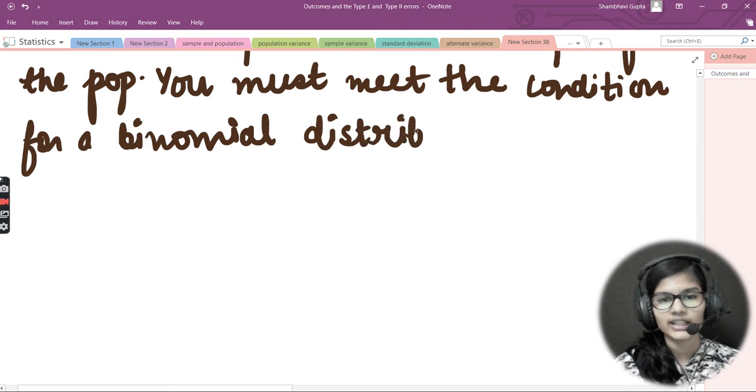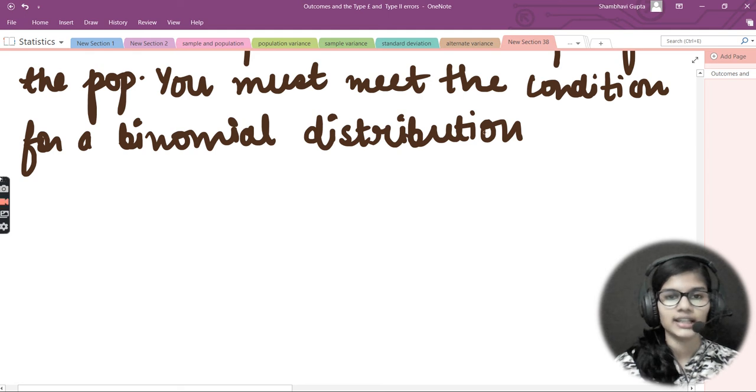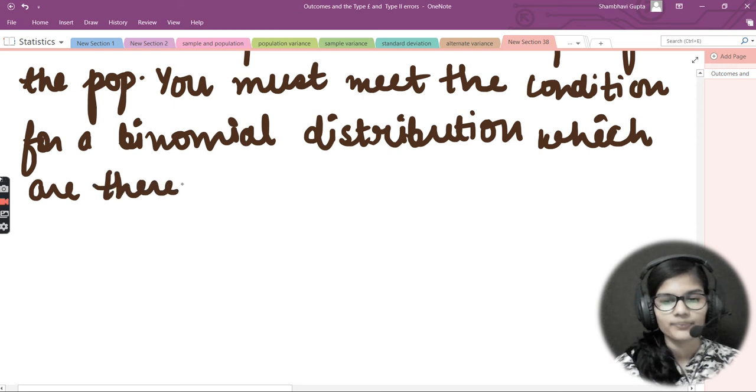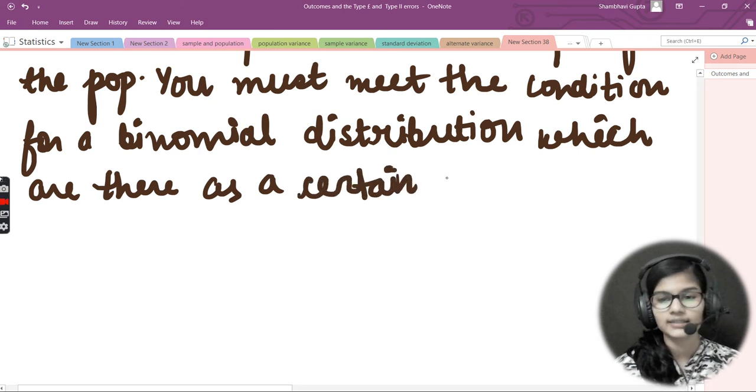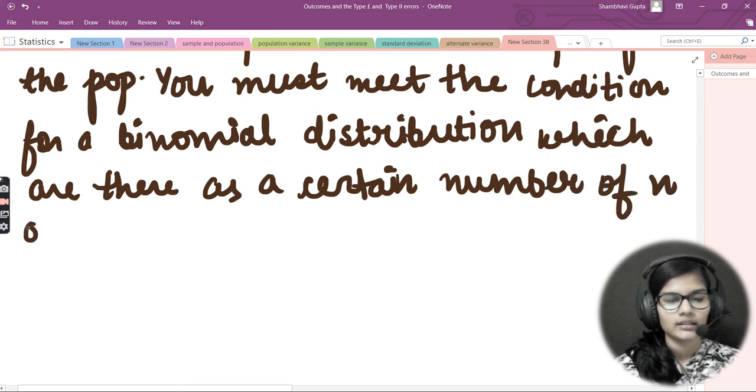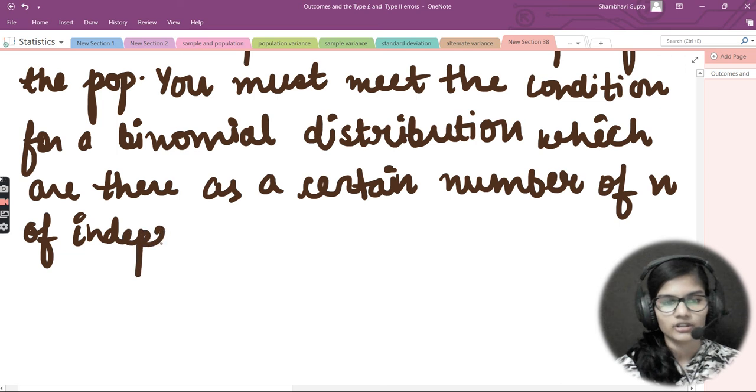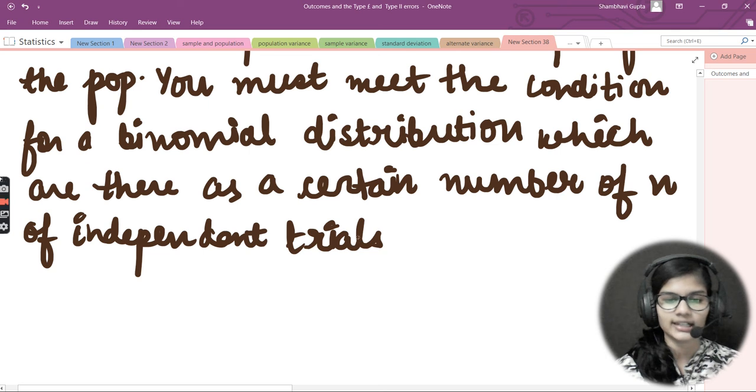So when you are going to perform a hypothesis test of a single population proportion, then you must meet the condition for the binomial distribution, which is that there is a certain number n of independent trials. This is the condition that you should meet.